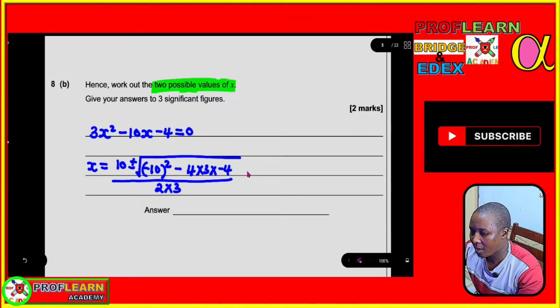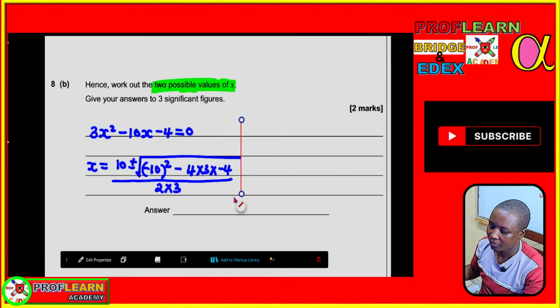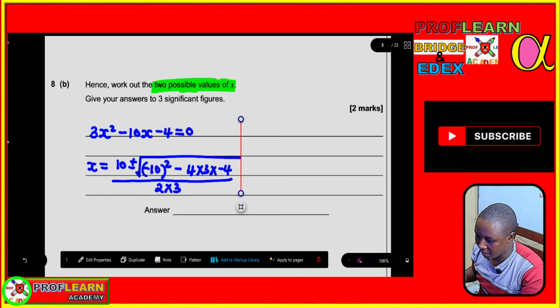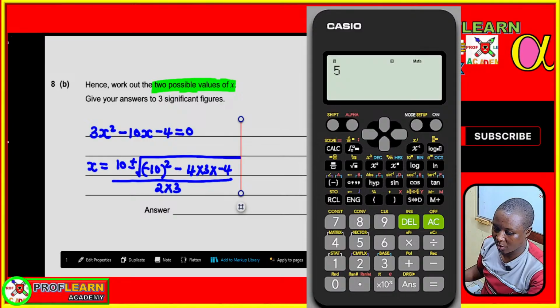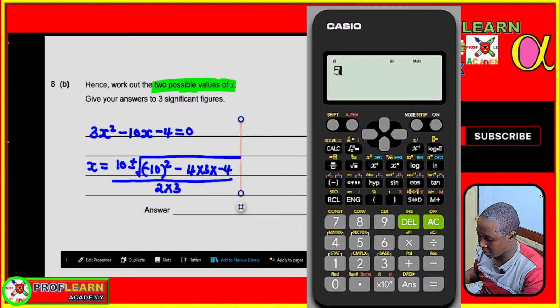You need to put that in the calculator because this is a calculator paper, so you don't really have to struggle to work this out. You need to put that in the calculator so that it can give you the answer directly.